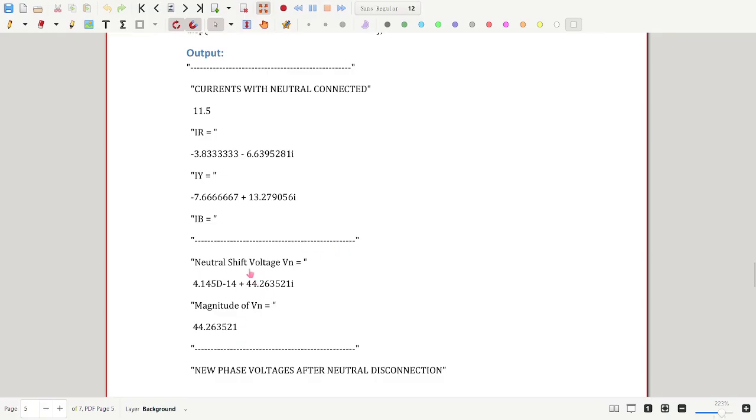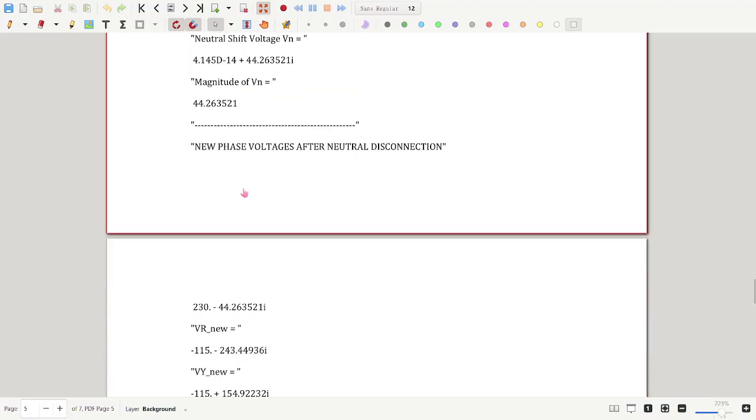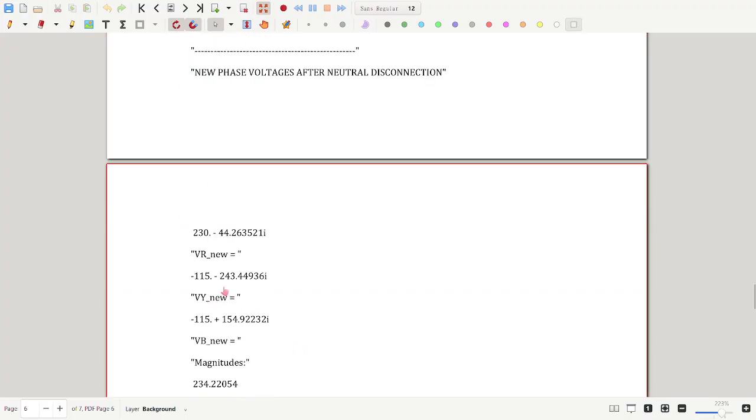First we calculate the neutral shift voltage. Whenever you calculate that in rectangular form, you get it in magnitude form as 44.26, that is the total magnitude of this rectangular number. Next are the new phase voltages. You subtract from 230 at an angle of 0 to get VR new.